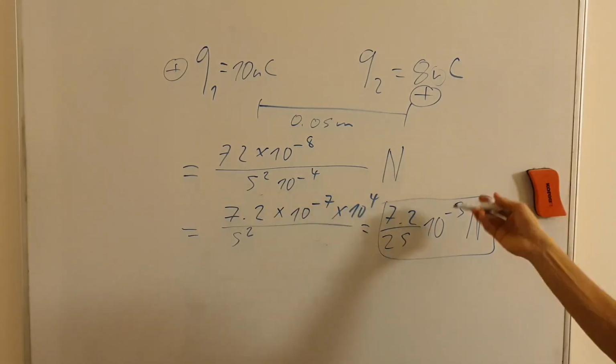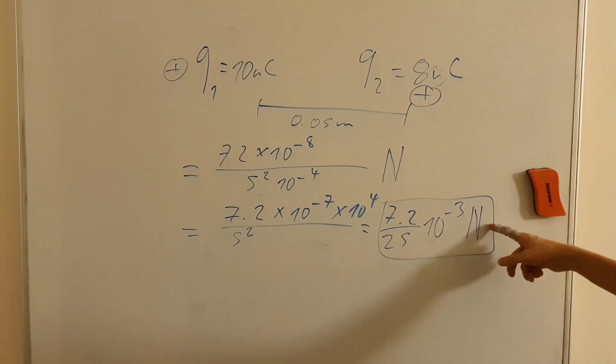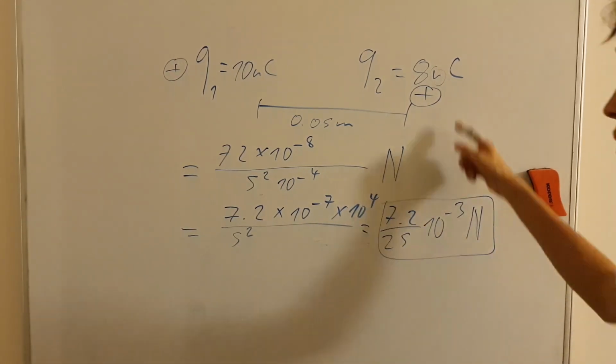But so far this is the result, and it's something between 0.3 and 0.4 times 10 to the minus 3 newtons is the force between these 2 point charges.